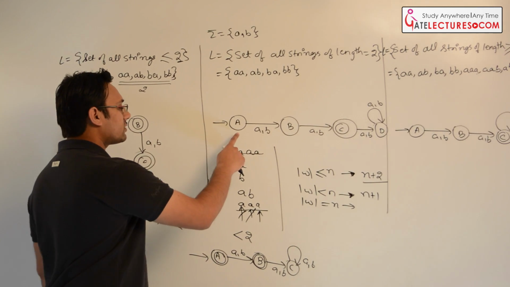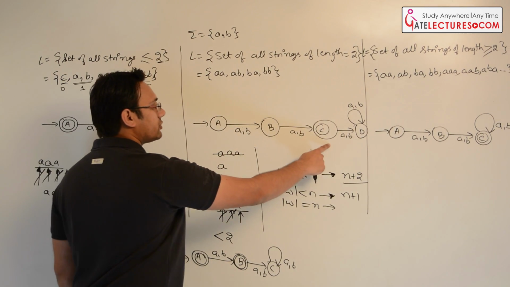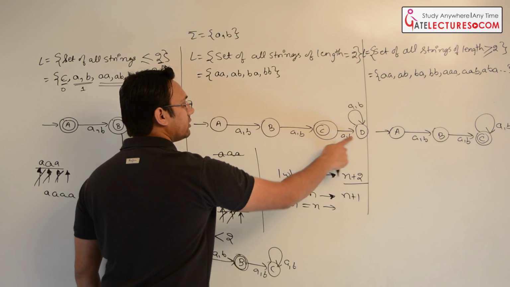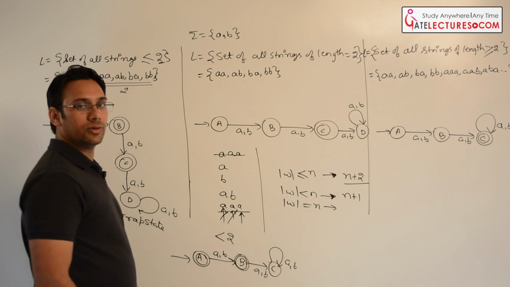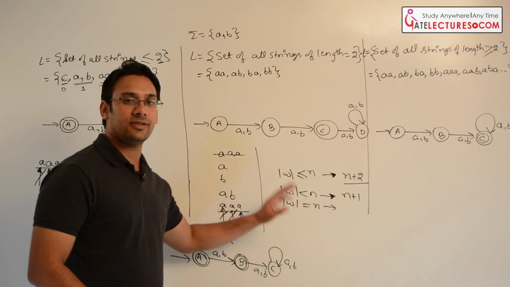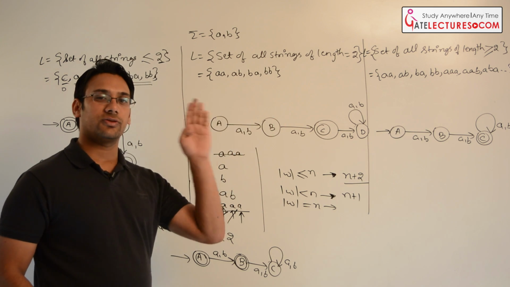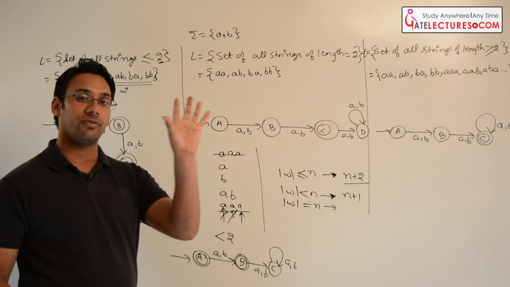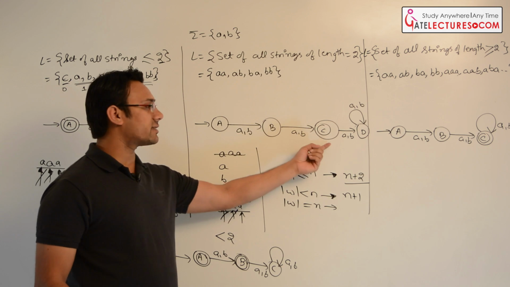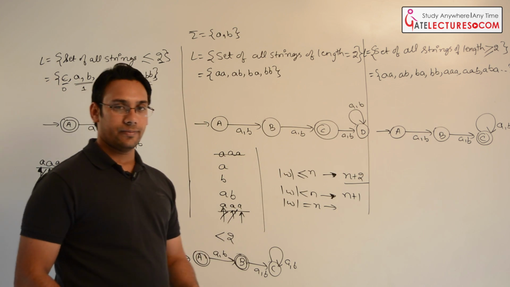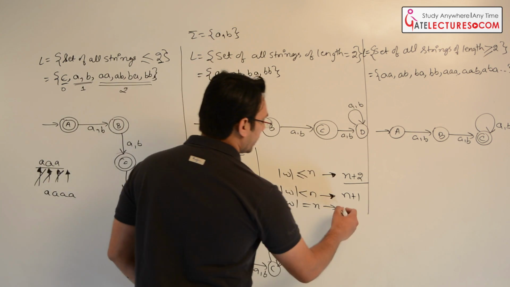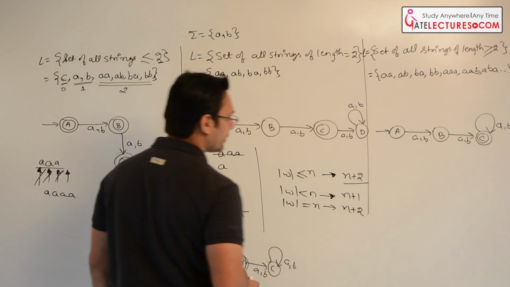Why? Strings of length 0, strings of length 1, strings of length 2, and again one trap state. For n, strings of length 0, 1, 2, 3, and so on up to strings of length n, there will be n such states, and then one trap state. In that case we will require n plus 2 states.